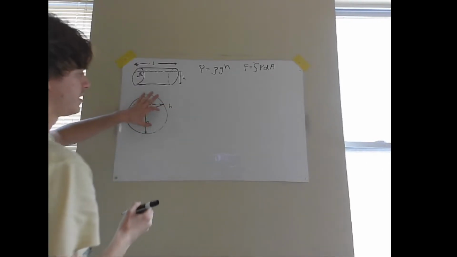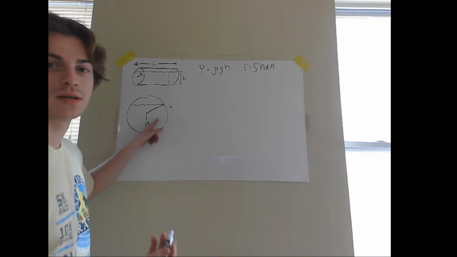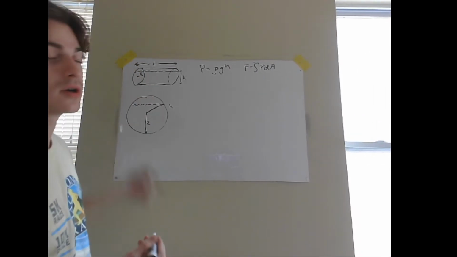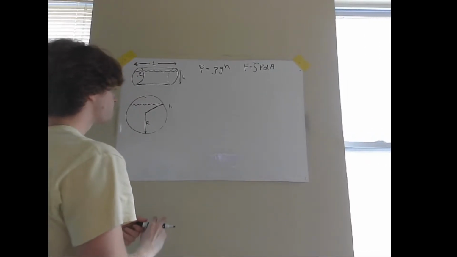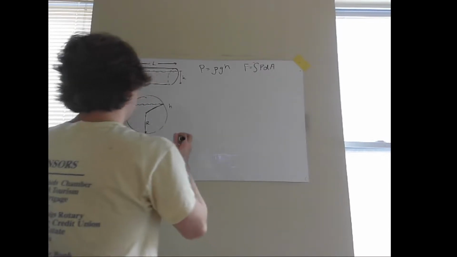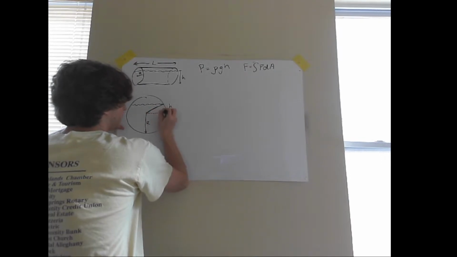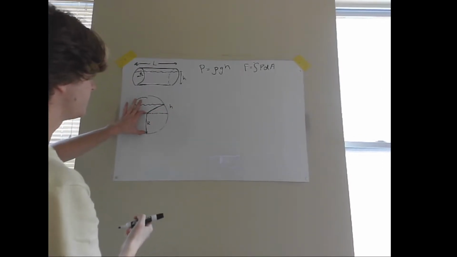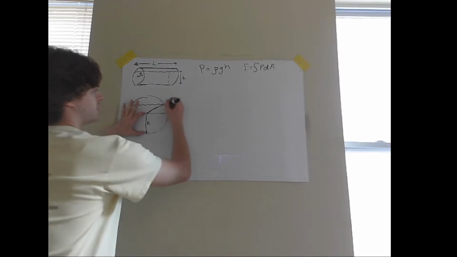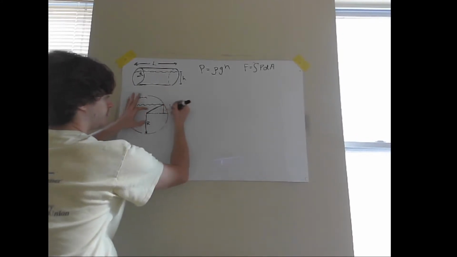And you can kind of think of this area as the rectangle that we use to calculate the pressure on the curved surface. So to get the equation for the height, it's just going to be the radius plus this little sliver here.